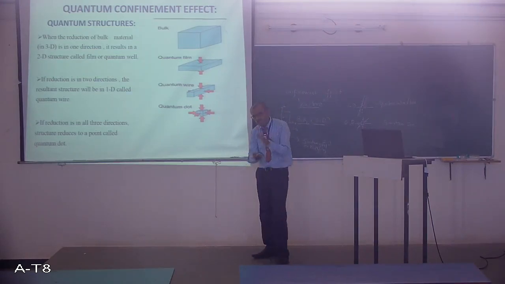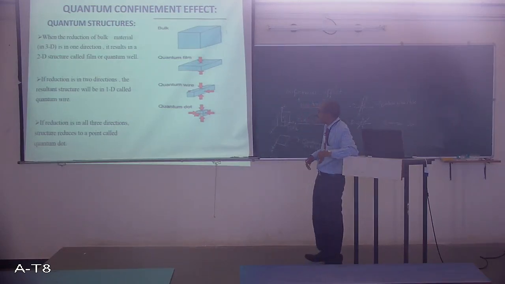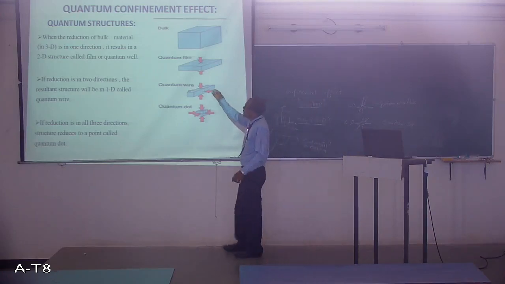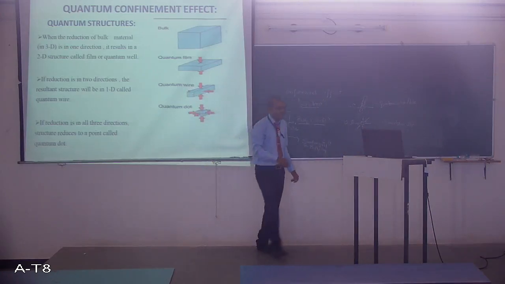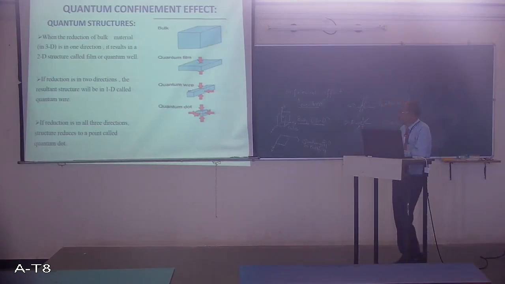We are going to confine the particle here. The particle we are considering here is an electron. Again, if you are going to reduce the Y as well as Z, it gives a quantum wire. In the quantum wire, we are going to confine two directions. It means the Y coordinate is also in the nanoscale, the Z coordinate is also in the nanoscale, but we extend only the X coordinate.